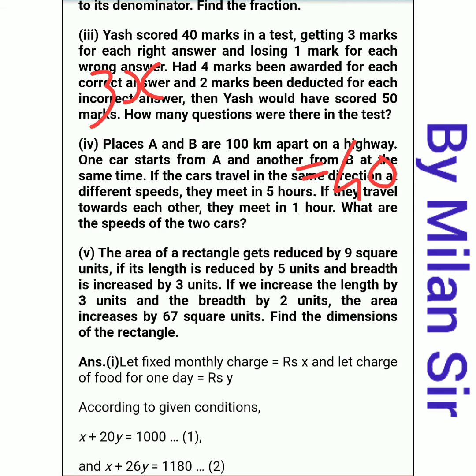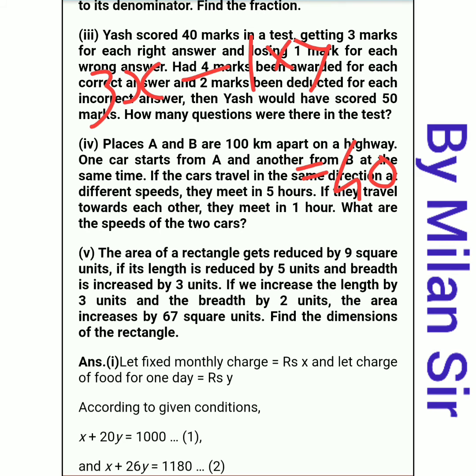So 3x. So he is getting 3x marks for the correct answers and losing 1 mark. Losing means we need to subtract it. So a subtraction sign, 1 mark for each wrong answer. So 1 into the total number of wrong answers, which is y.